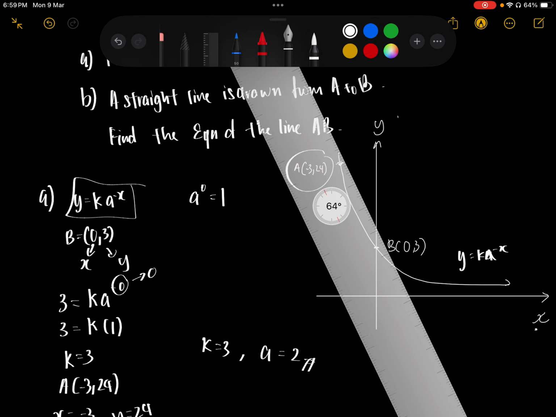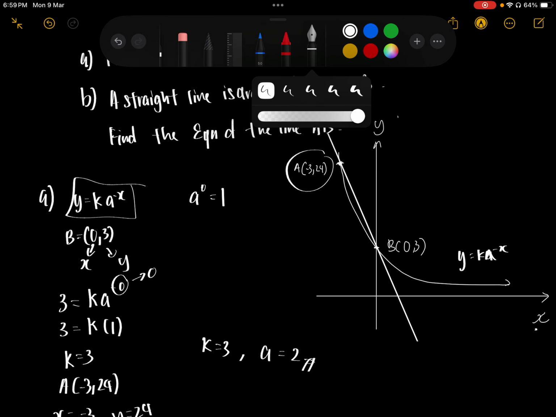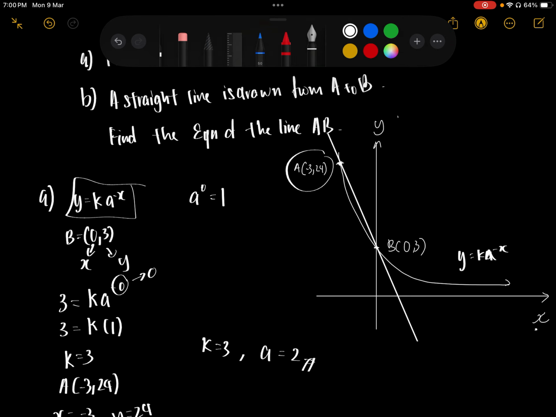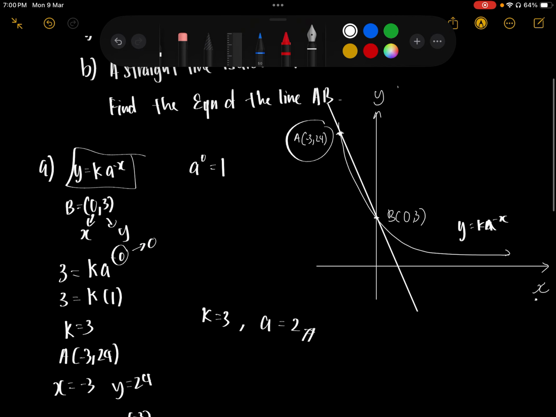To visualize, this is how the line would somewhat look. You realize that actually, how sweet of them, they have actually shown us where our y-intercept is, which is our c. So we already have our y-intercept. Where's our y-intercept?